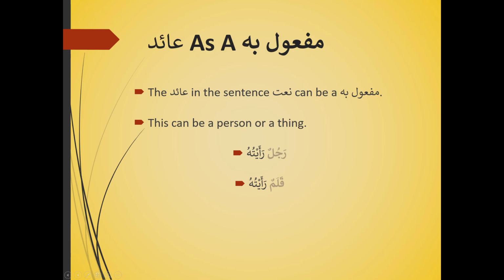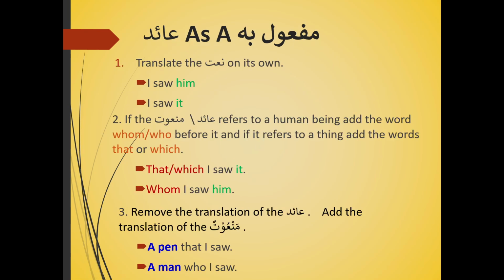After you've done that, you add in front of it, depending on whether it is something or someone, "which" or "whom". And finally, you remove the "it" and "him" and add in front of this the translation for the man'ut, the thing that you are describing, which is a pen and a man.